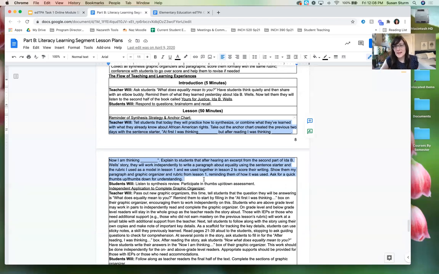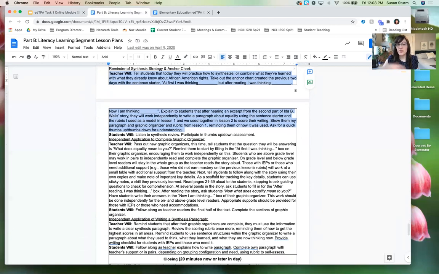This could really be the same as lesson 2, your intro, reminding them of what you did, what you saw on day 1, and what you did yesterday with a small group or with the whole class. And then the independent application is here. So she is passing out a new graphic organizer, asking them that compelling question, what does equality mean?